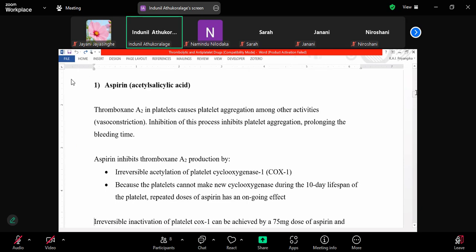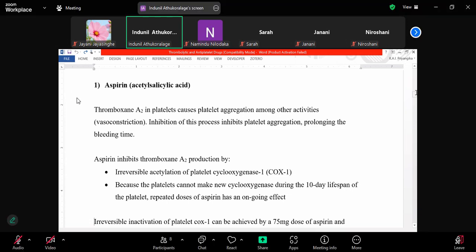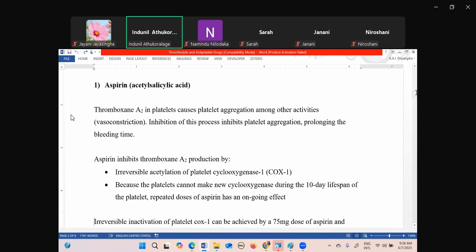It is an analgesic drug, which means it will reduce pain, a painkiller. So that is the major action of aspirin. But at low doses, aspirin has antiplatelet activity as well, right? So it is 75 milligrams.